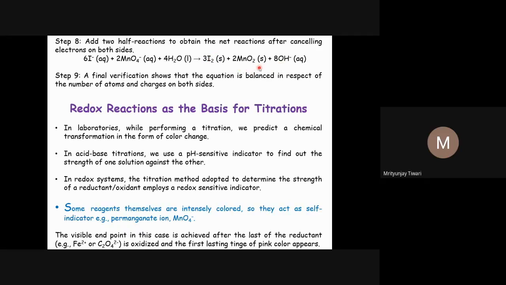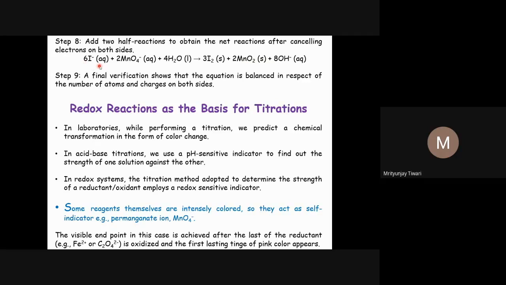Now again we verify whether this reaction is balanced in terms of charge, in terms of electrons lost or gained, and in terms of the number of atoms present on the left hand side and the right hand side. The electrons lost or gained we have already taken care of.